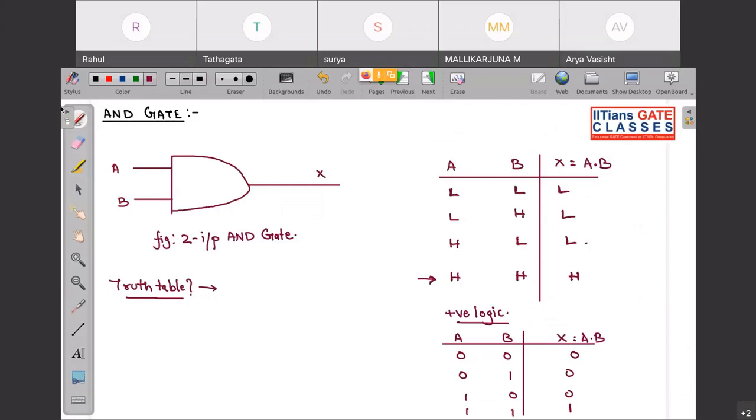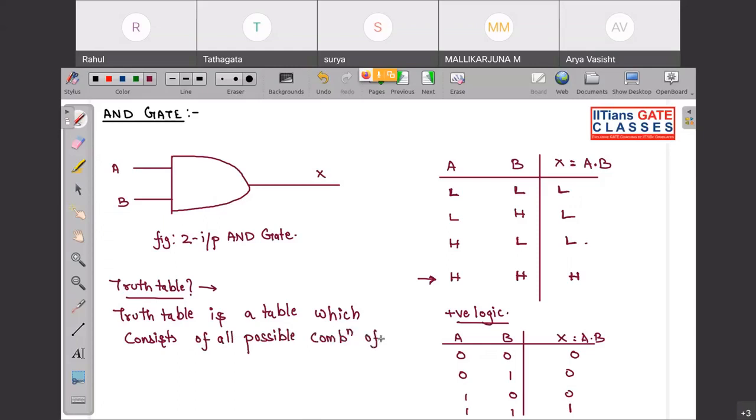Listen very carefully. A truth table is a table which consists of all possible combinations of inputs and their corresponding outputs.